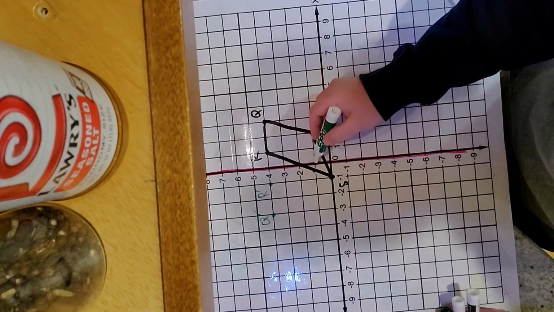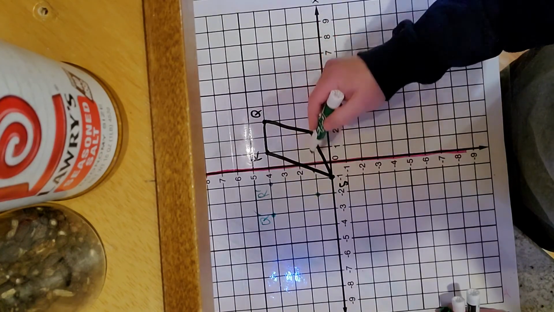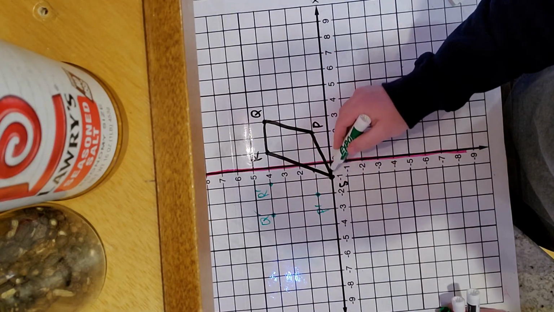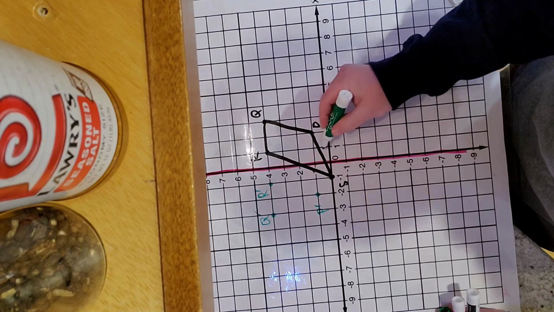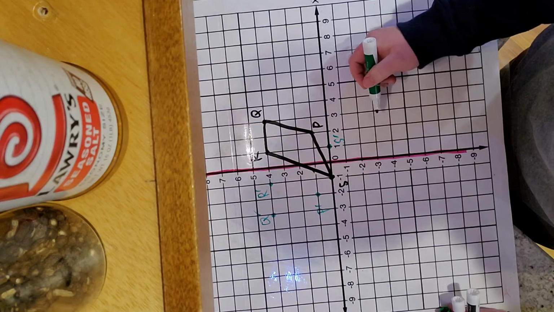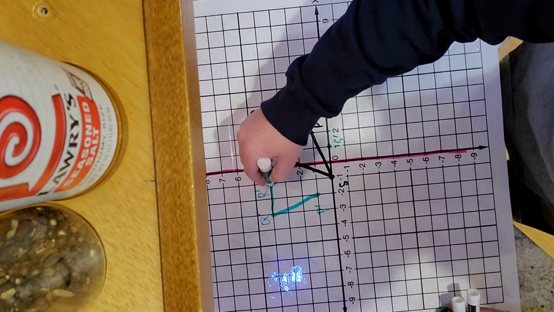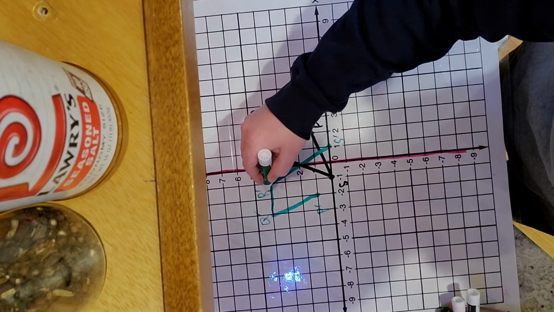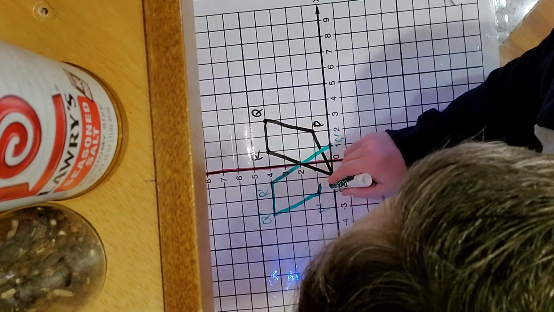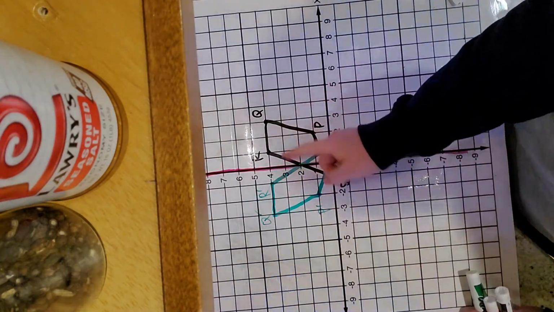P is 1, 2 units away, so 1, 2 units away over here would be the new P or P prime. And S was 1 unit on the left. Now it's going to be 1 unit on the right over here. Okay, so if I rejoin those back together, you'll see it. There's the quadrilateral again.